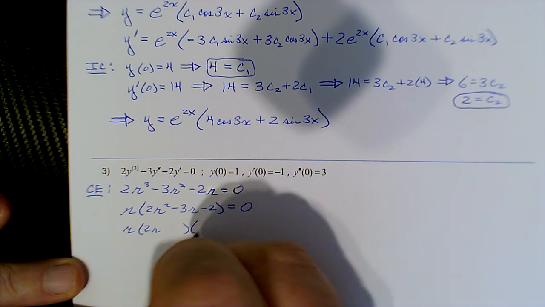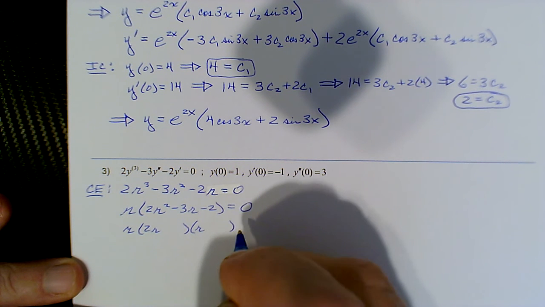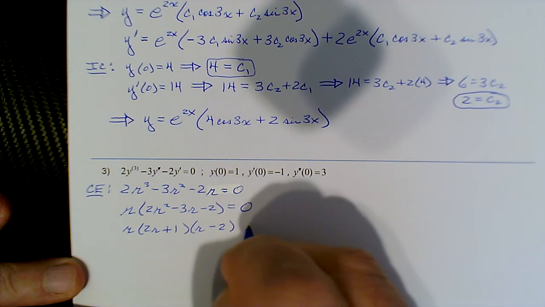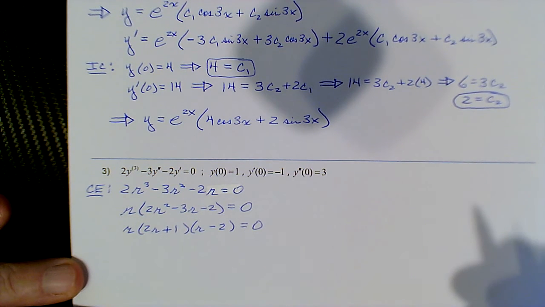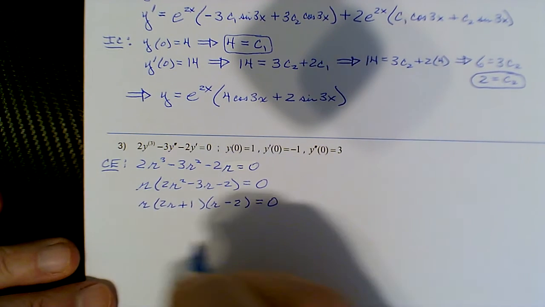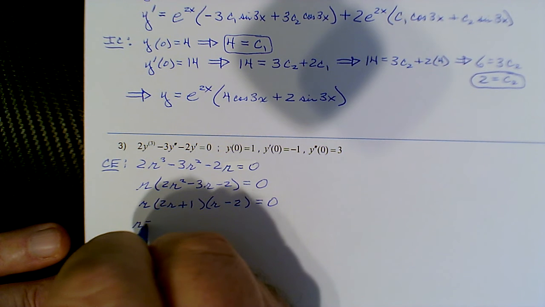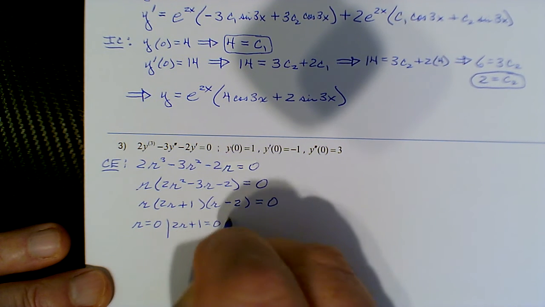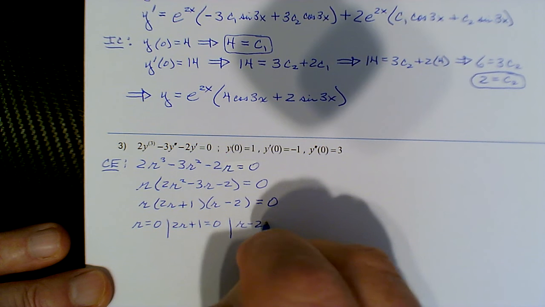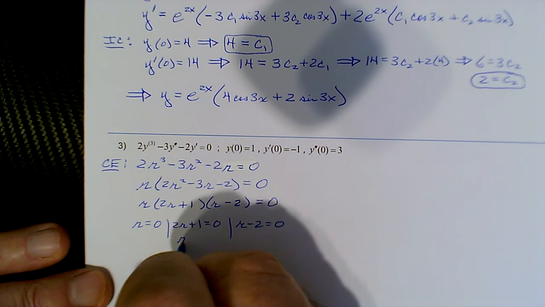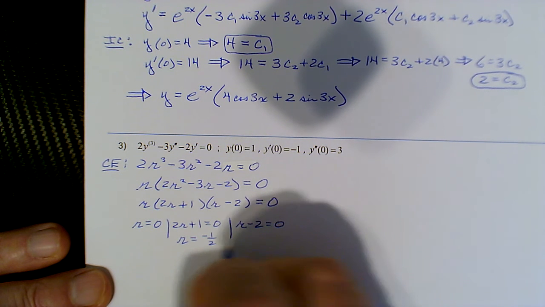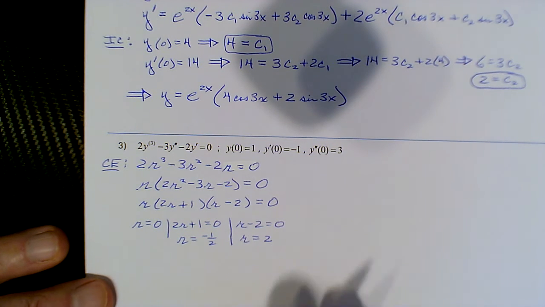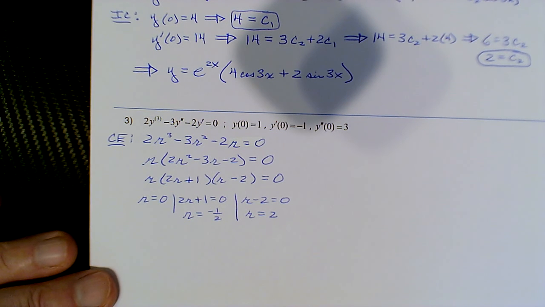We have a 2r and an r, and let's see, if we put a 2 with the r, make it negative, and a 1 with the 2r, and make it positive. That's the correct factorization. So set each factor to 0, so r is 0, 2r plus 1 is 0, r minus 2 is 0, so r is 0 is a root, negative 1/2, and 2. Okay, so 3 real distinct roots.